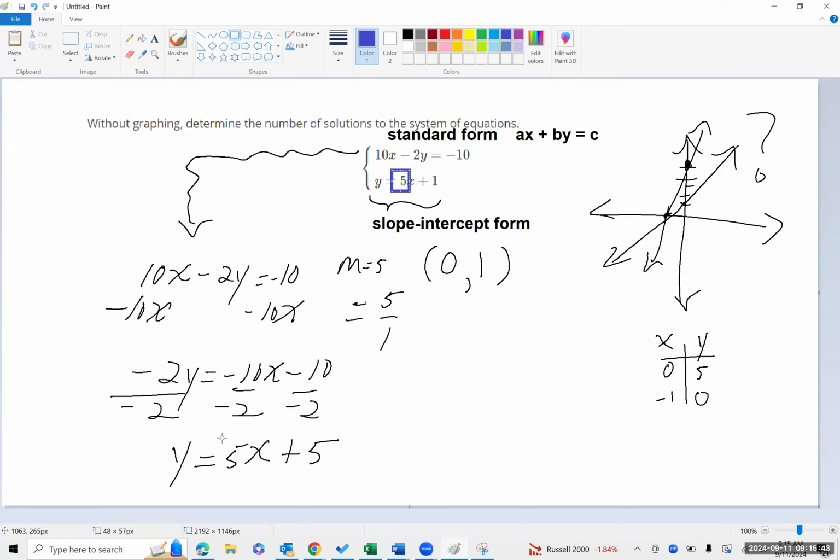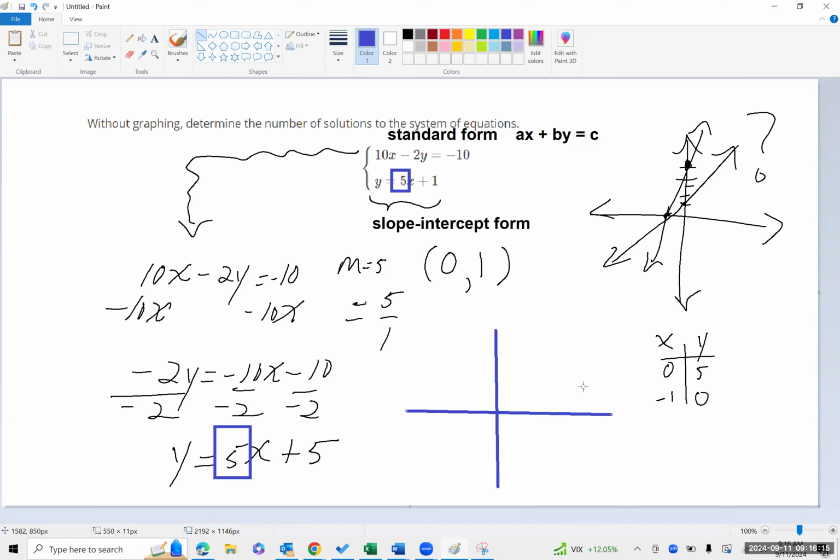I want you to look at the slopes. They both have a slope of 5. That actually means that the lines are, now I'm going to draw a picture just to bring this home, but you don't need the picture.